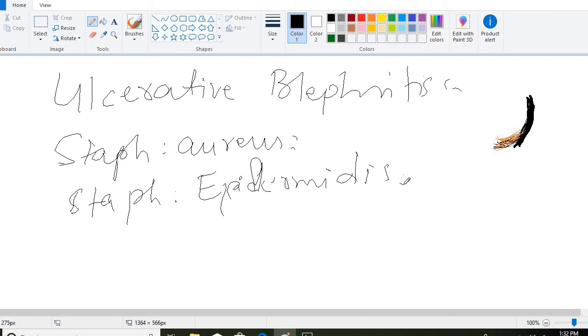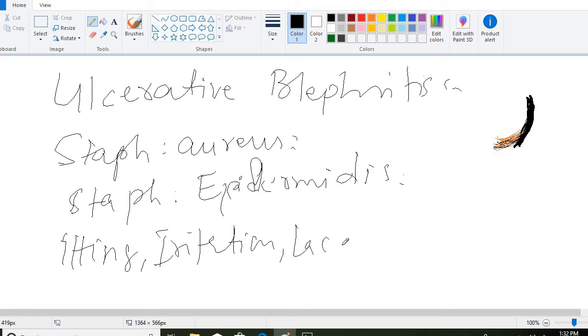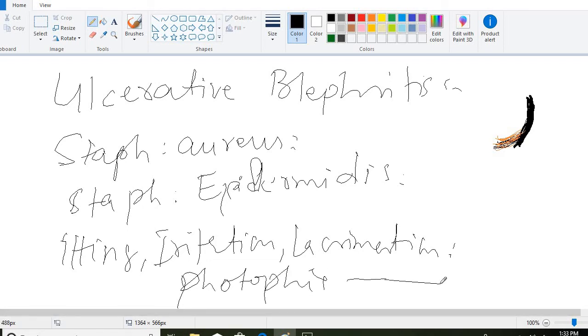These are the etiological causes of blepharitis. Now the symptoms: the patient will have irritation, itching, lacrimation, and photophobia will also be present. These are the symptoms of blepharitis.